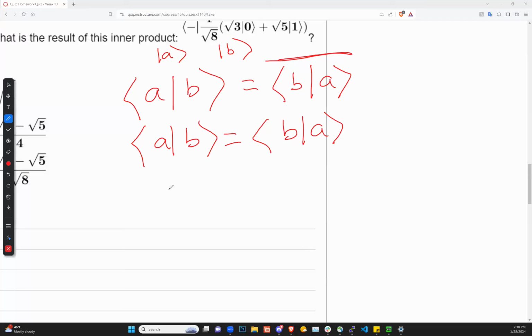So let's apply this to our inner product between the minus state and the 1 state. This is equal to the inner product of the 1 state with the minus state. And what information does this extract? Well, it takes the minus state and it extracts the amplitude of the 1 state, which we should know off the top of our head, right?